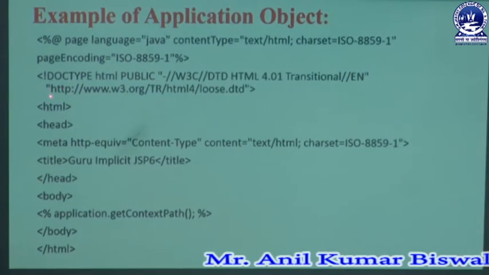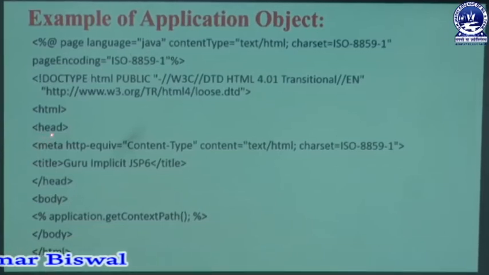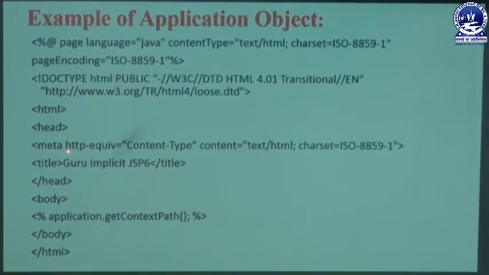Then in that HTML content we add some relevant information in our head section, written as meta http-equiv equal to content-type, and we are also writing the content as text/html, then setting the charset ISO-8859-1. In this way we can set the content type. Then we are mentioning the title.